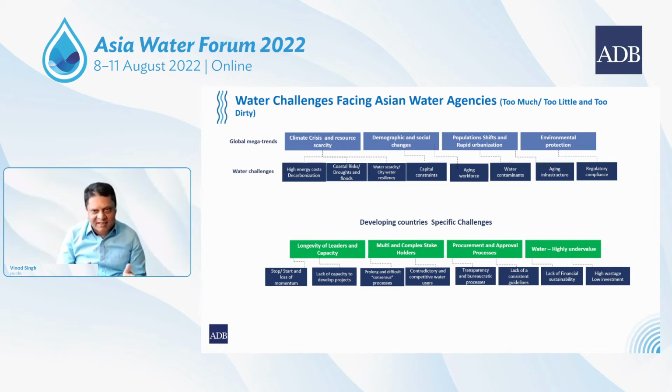I just started with the challenges facing the Asian water agencies, which is too much water, too little water, and too dirty water. In the current scenario, there is high energy cost, decarbonization, energy cost going up, coastal risk, and the drought and floods. So too much, too little, too dirty.